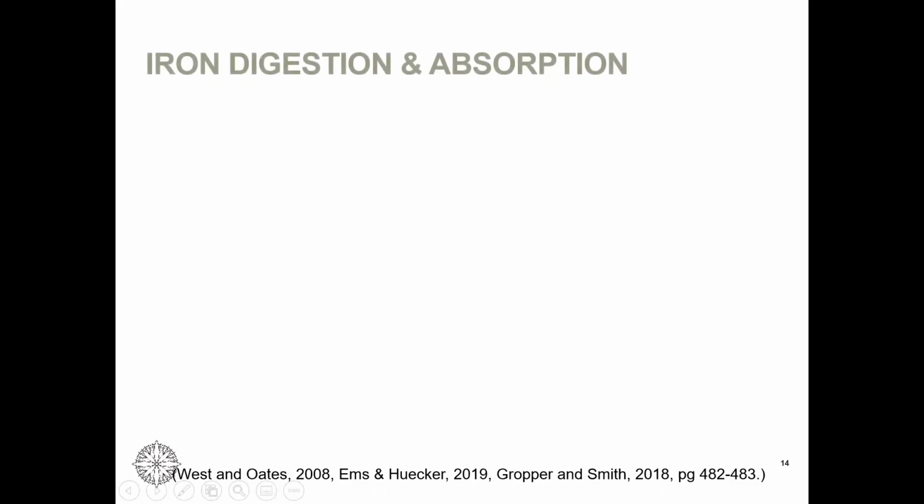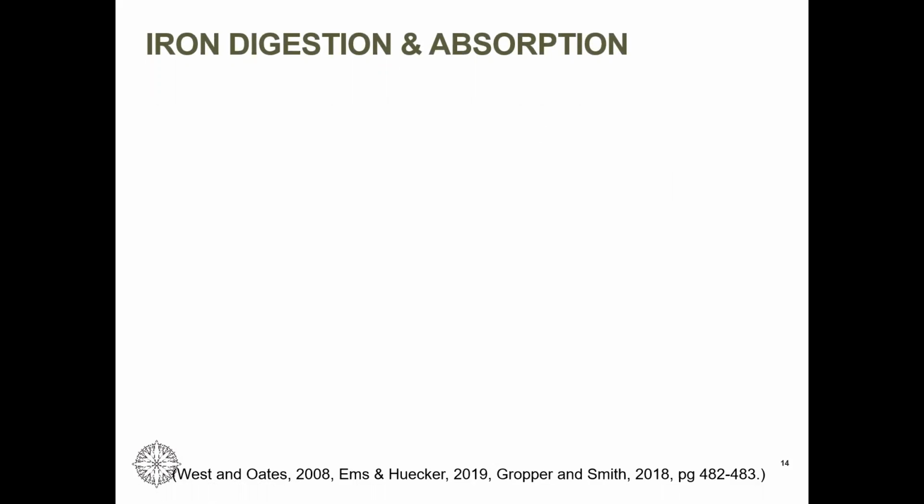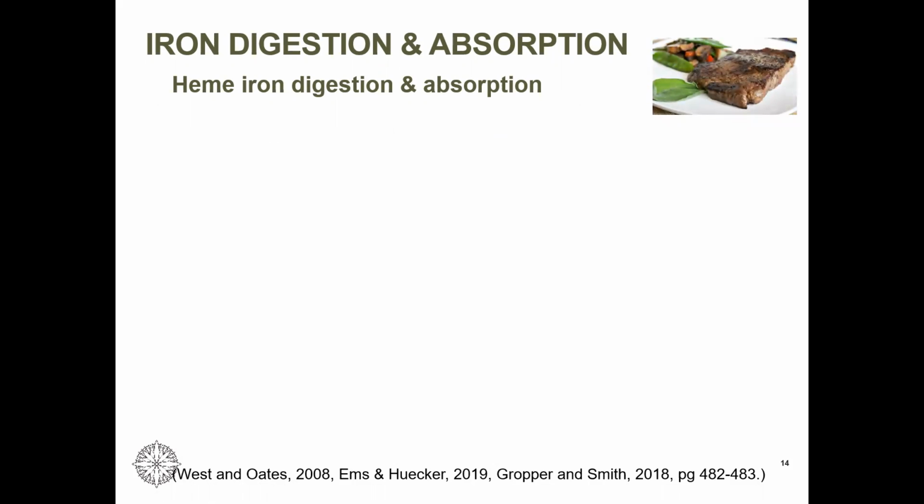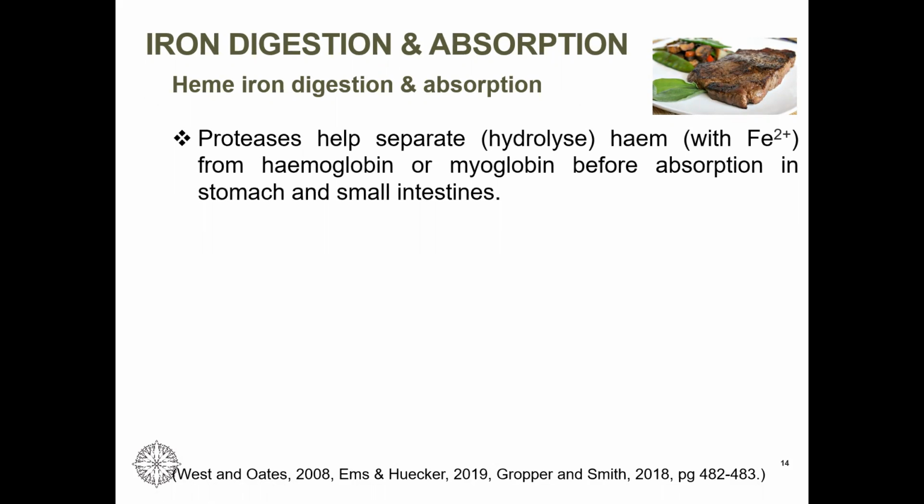Okay, I've added a few things, because for iron absorption, we are going to talk in two steps. First we are going to remember and learn how heme iron is digested or absorbed. First thing first, we are repeating this in all the nutrients. Body utilizes proteases to remove protein component from heme sources.